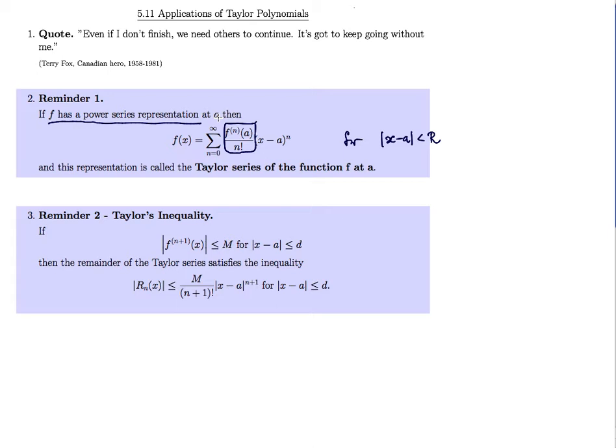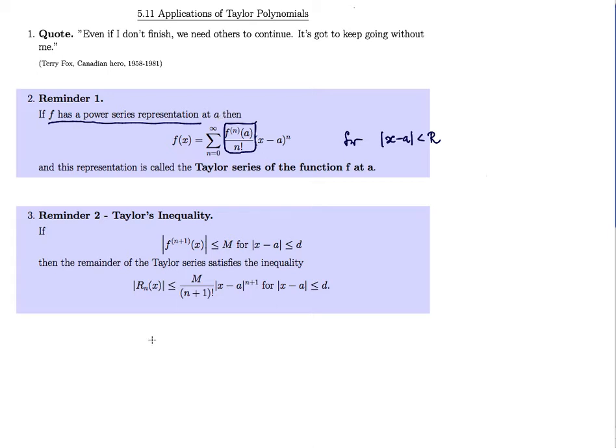What polynomial should we use? Well, we should probably use part of the power series representation. Okay, so we'll use a polynomial which is part of the power series representation, but how high do we need to take the degree? Well, it depends how accurate you want your approximation to be, and that will determine how high you want the degree of the polynomial to be, and that's what we're going to focus on right now.